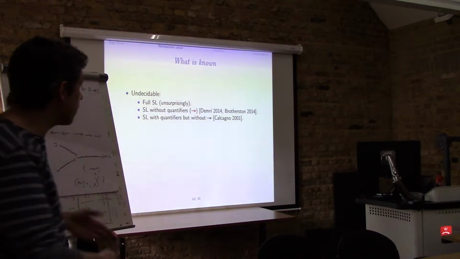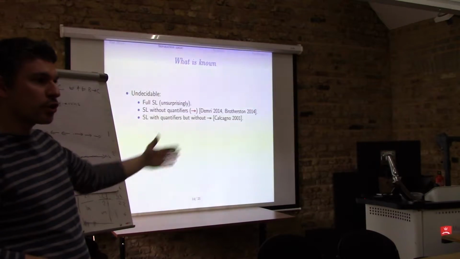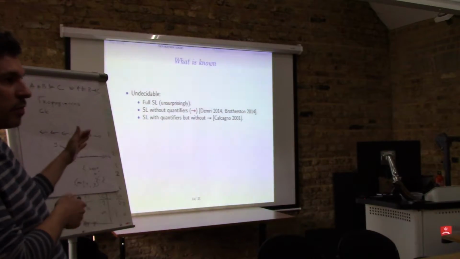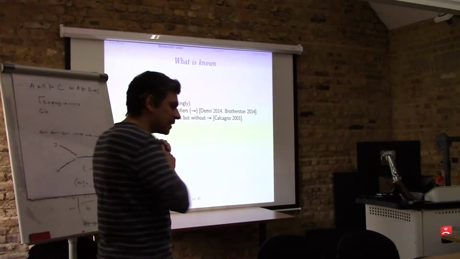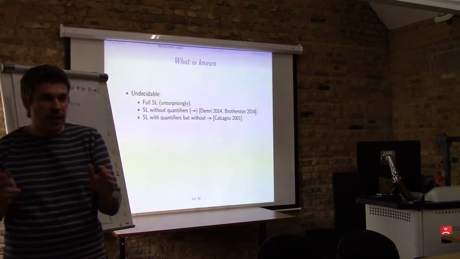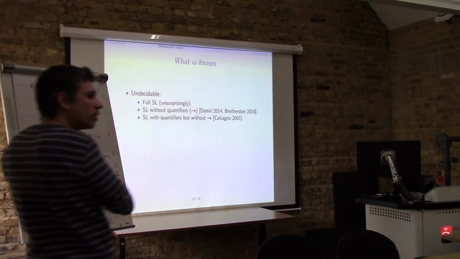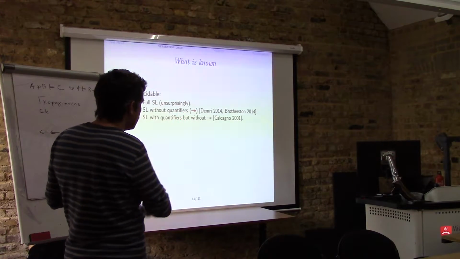Remember, this is not exactly first-order logic because we've thrown away all functions and all relations and constants apart from the points-to. Okay, so we can't necessarily encode everything in first-order logic in separation logic anymore, right? So these two results are actually not trivial.